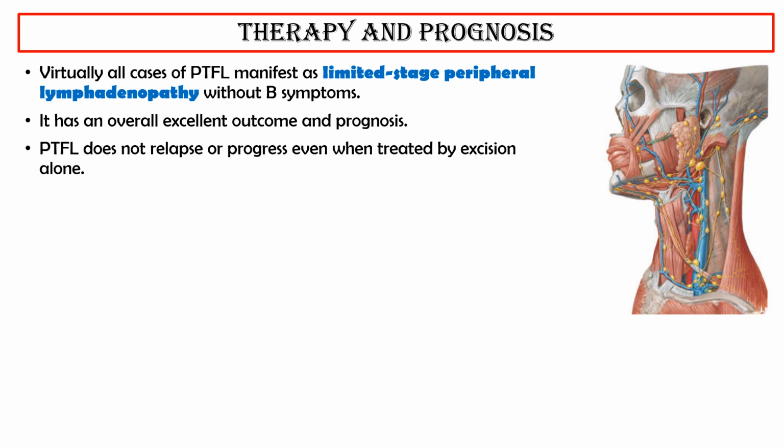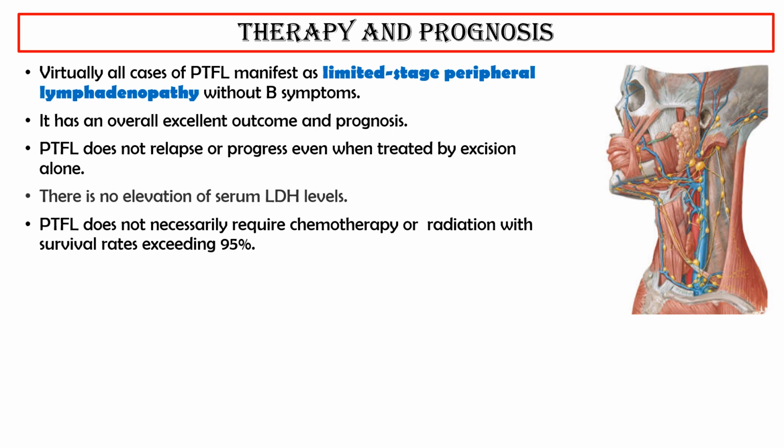Pediatric type follicular lymphoma does not relapse or progress even when treated by excision alone. There is no elevation of serum lactate dehydrogenase levels. Pediatric type follicular lymphoma does not necessarily require chemotherapy or radiation, with survival rates exceeding 95%.